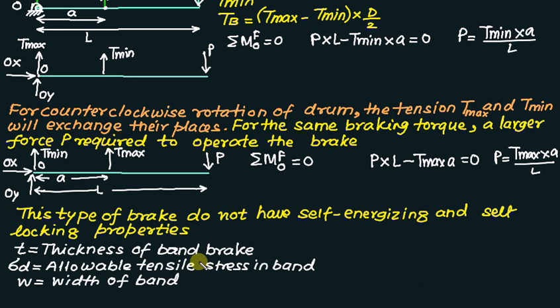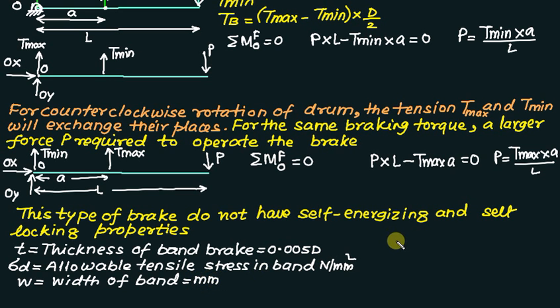Now, as far as the design of the band brake is concerned, let t represent the thickness of the band brake, which is normally taken as 0.005 times D, where D is the diameter of the drum in mm. Sigma d is the allowable tensile stress in the band in Newton per mm square, and w is the width of the band in mm.